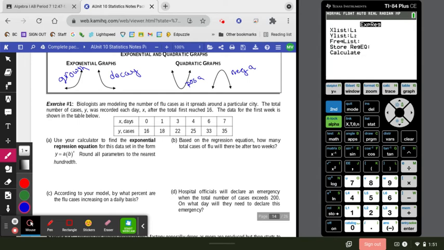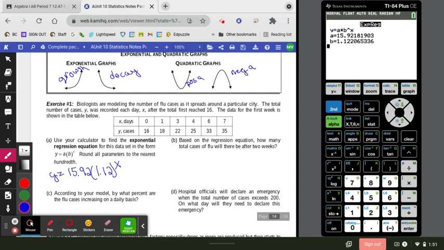So I hit enter. My X list is L1, my Y list is L2. If you did different lists, make sure you change those. And then my directions say to round to the nearest hundredth. So this is Y equals 15.92 times 1.12 to the X.